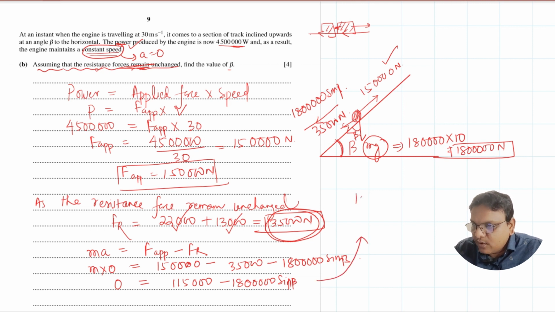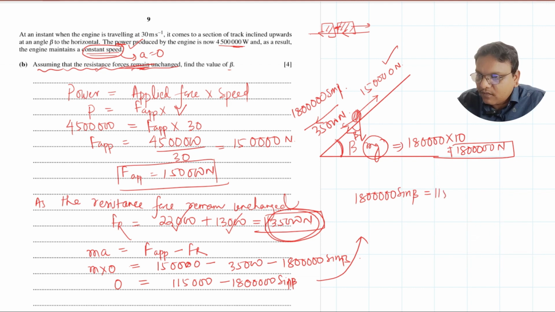Here I can write down 180,000 sine beta is equal to 115,000. So sine beta is equal to 115,000 over 180,000.